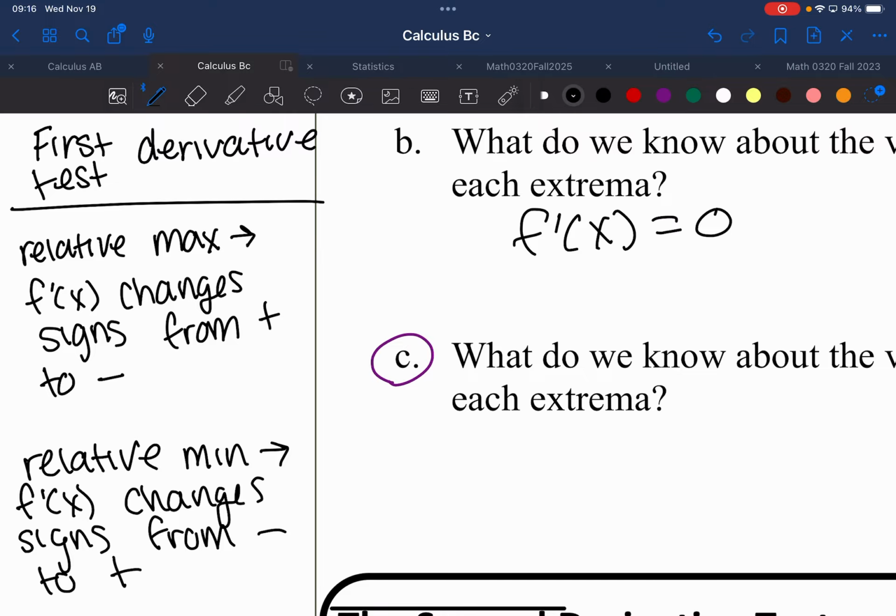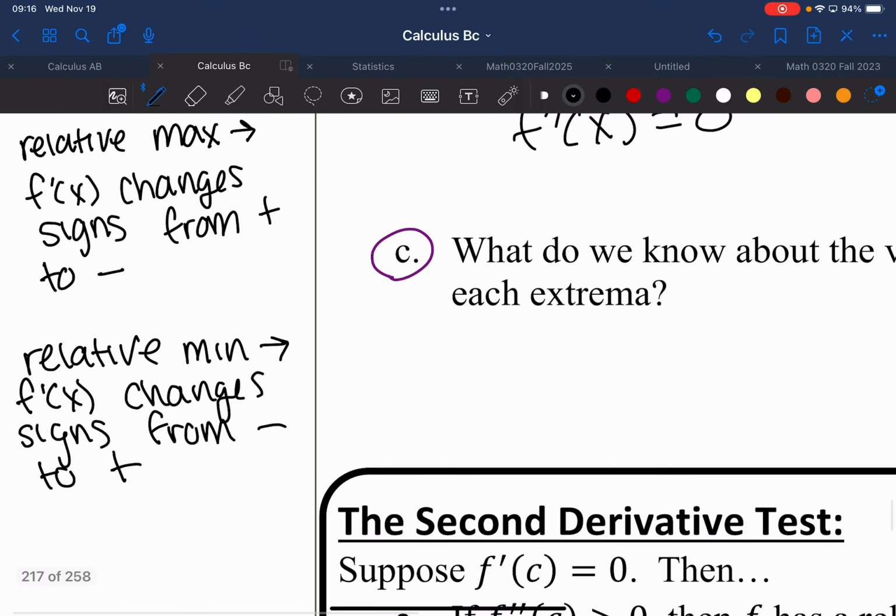So if the derivative, and we're still talking about the relative min here, if the derivative changes signs from negative to positive, what can we say about the function? Changing directions from decreasing to increasing, right? If our derivative is negative, we know our original function is decreasing. If our derivative is positive, our original function was increasing.